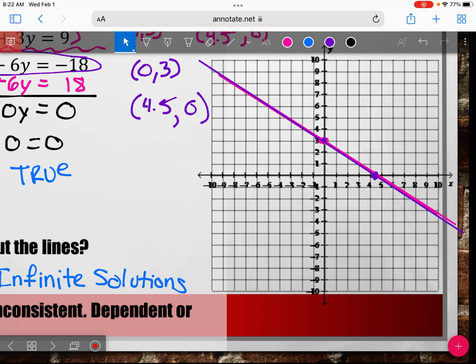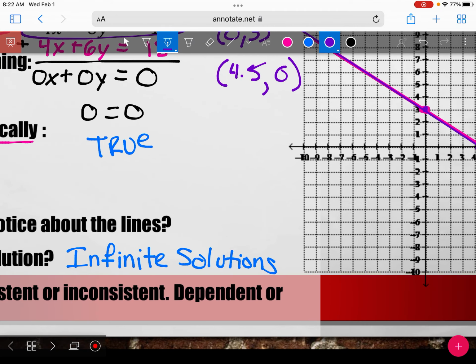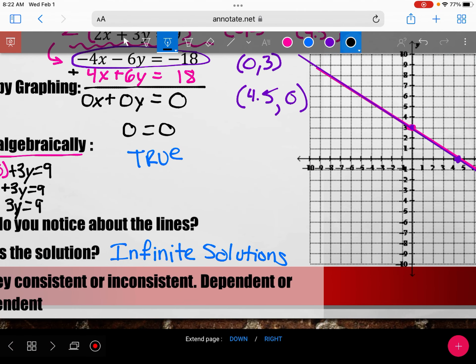So what happened to my lines? They're on top of each other. When you have infinite solutions, when you wind up with the same exact equation, with something inherently true, they are the same equation, the same line. Or it's duplicated, or they're stacked on top of each other.